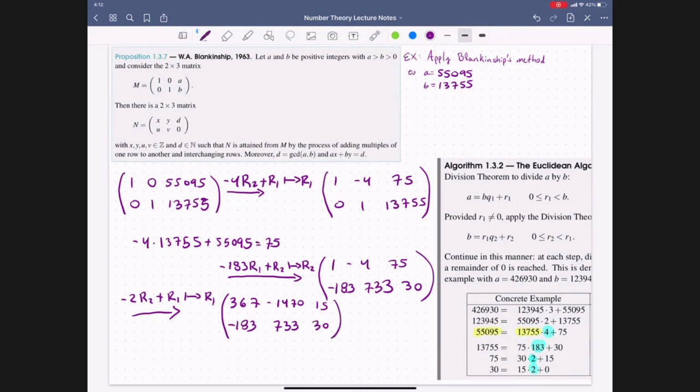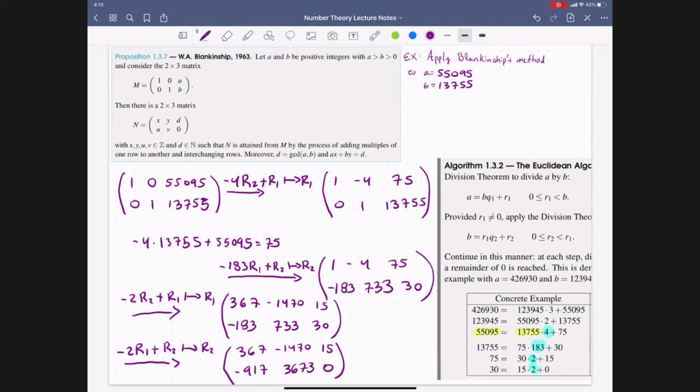So we have that. And then finally, we do one more step, and this will also be minus 2. We alternate, so now this will be minus 2 times row 1, added to row 2, replace row 2. And so now the first row stays the same. And then the lower left will be negative 917, 3673, and then of course 0.